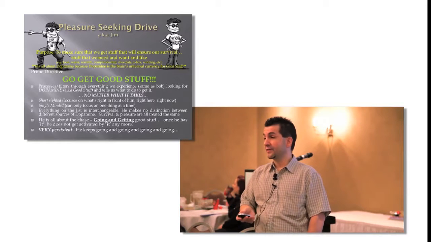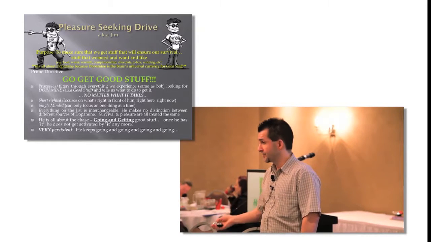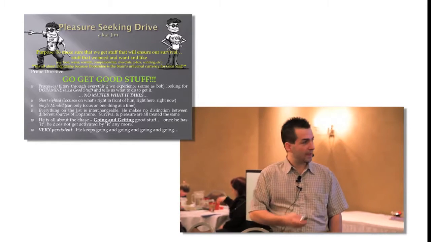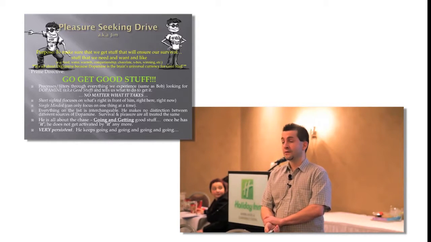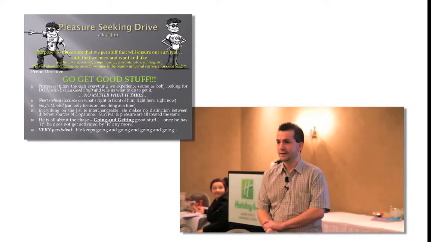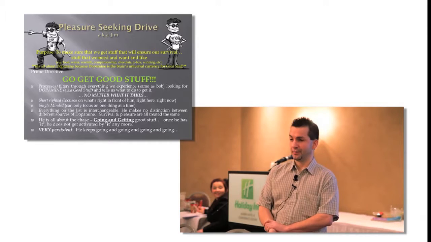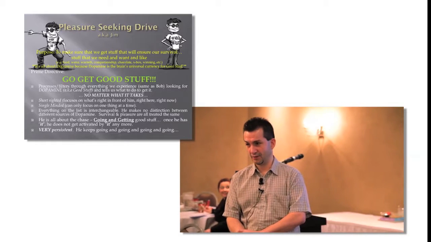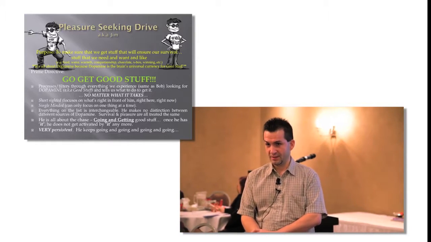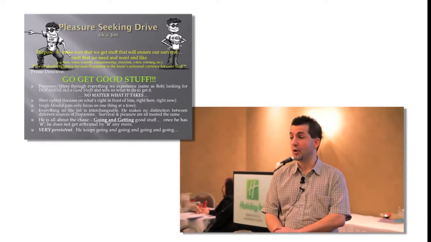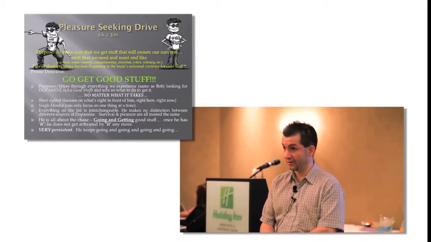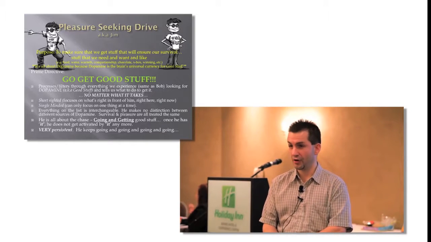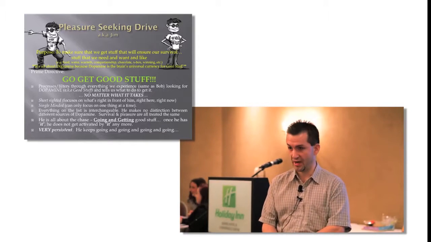To give you an example of what this looks like in, again, us, average, everyday, functional adults. This guy is the reason why you went back for a second sweet out there, when you sat there and went, I really shouldn't, but they're so good. It's the reason why you can't stop at just one chip, one piece of cake, one cookie. He's the reason why people can't quit smoking. The reason why people need to have the last word in an argument and cannot lose, need to win.